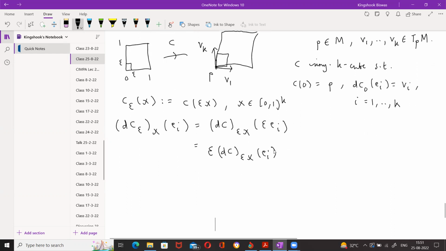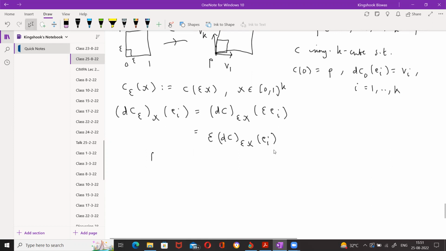Therefore, if I look at the integral of omega over C epsilon, this is going to be the integral over [0,1]^k of omega at the point C of epsilon x, applied to dC epsilon at the point x of e_1 up to e_k.